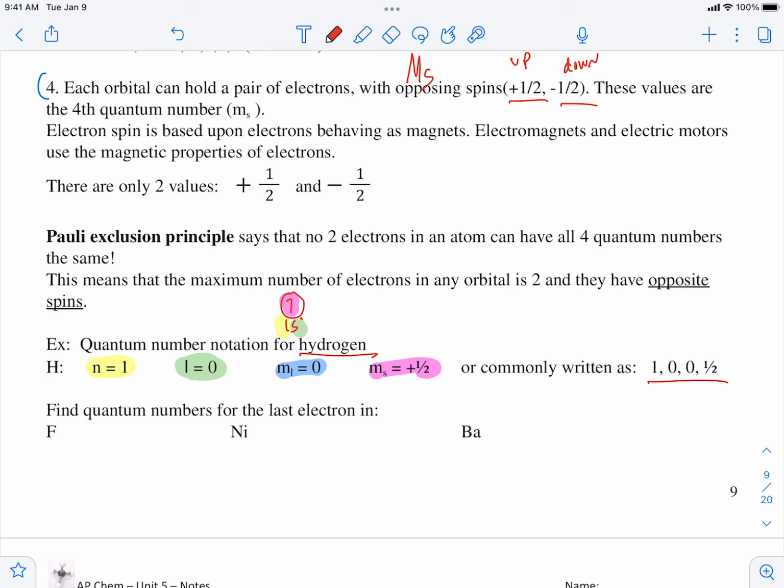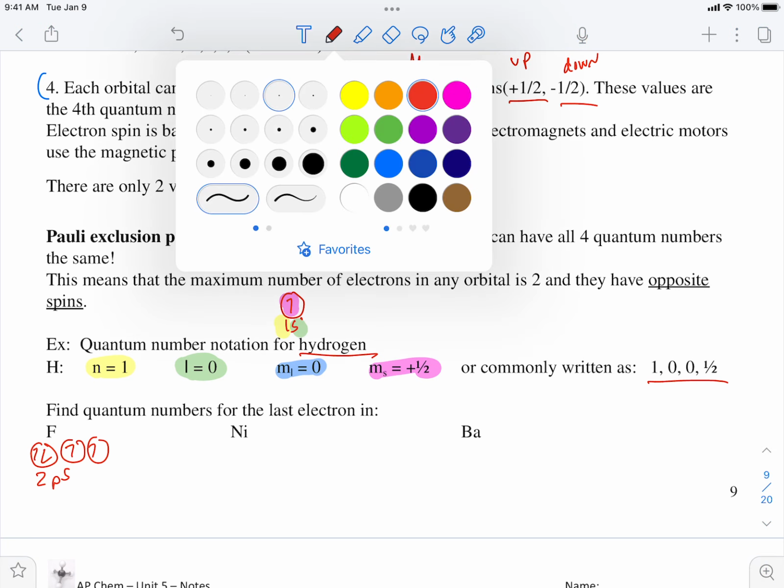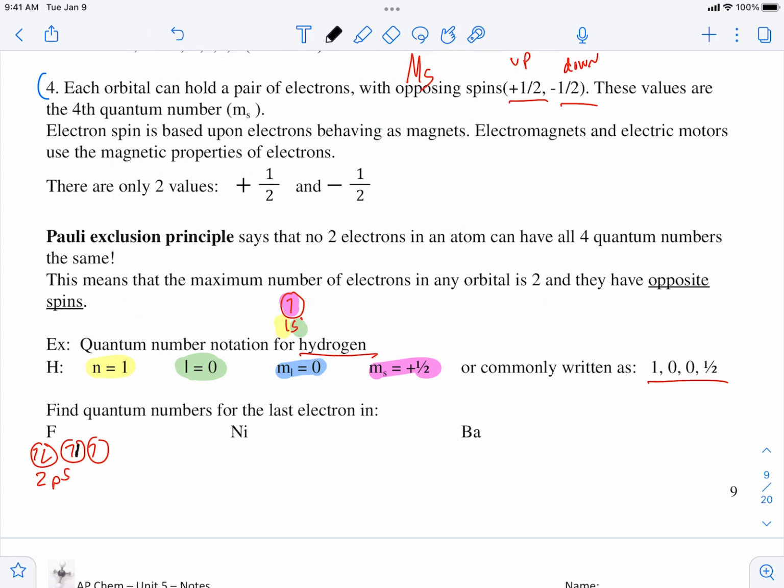Okay, let's do one for fluorine. By default, when we ask about quantum numbers, what we're really referring to is the last electron added. So in fluorine's case, 2p5. I made it black; that's the last electron that was added.